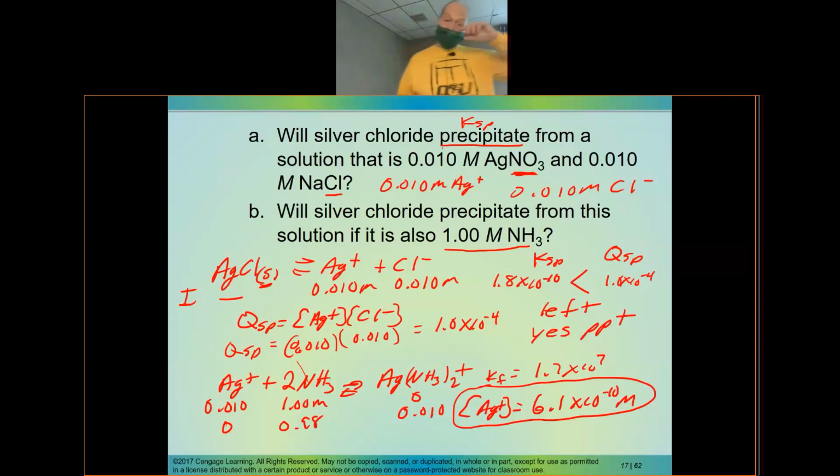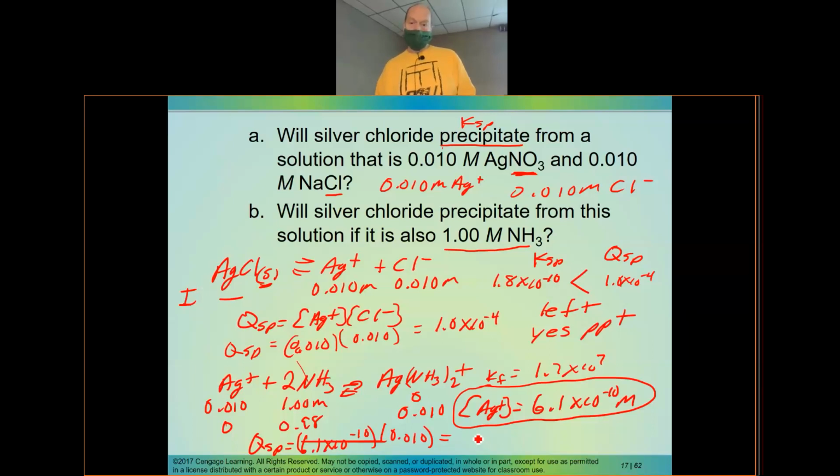They gave us the exact concentrations that they had in the previous problem. So now we have our Ag plus. Now the Cl minus is still 0.01, so we have to find our QSP. Our Ag plus is now 6.1 times 10 to the minus 10, and our Cl minus has not changed. It is 0.010.